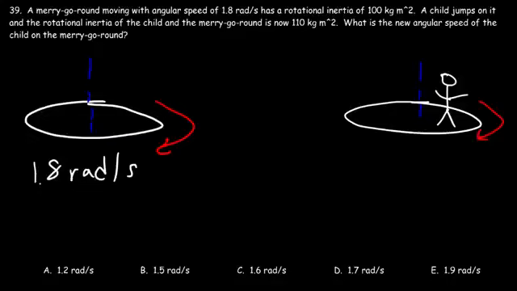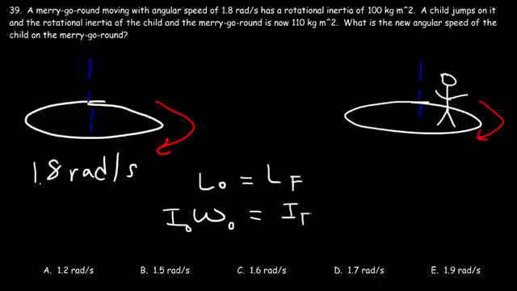Whenever you add something to a spinning device, if it drops straight down on it, the angular speed will decrease. And this is due to the conservation of angular momentum. The initial angular momentum has to equal the final angular momentum. And angular momentum is inertia times angular velocity, the same way as linear momentum is mass times linear velocity.